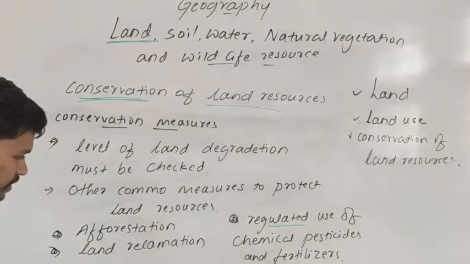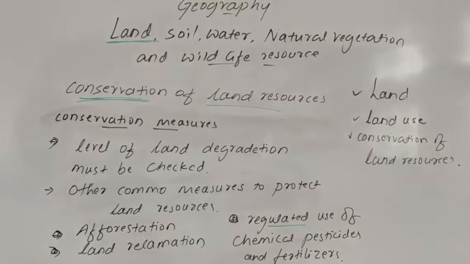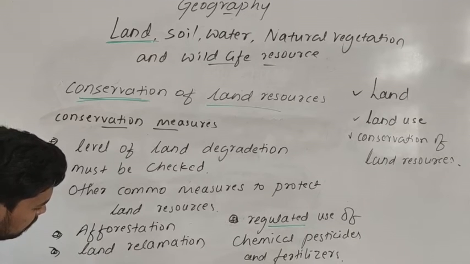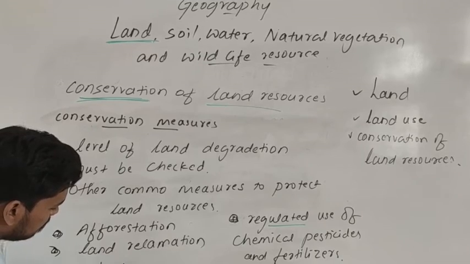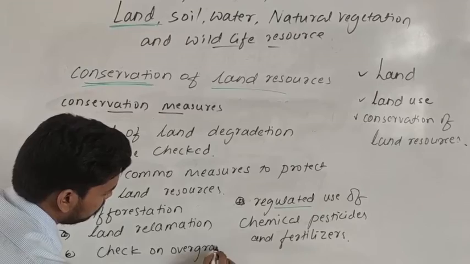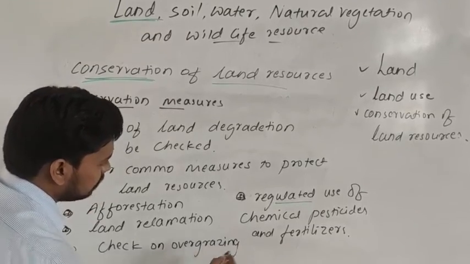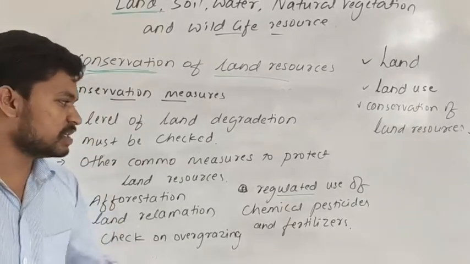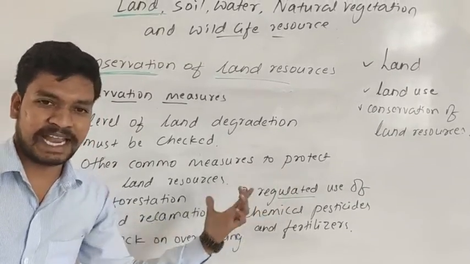Then overgrazing. You should check overgrazing. These are four important other conservation measures of a land resource.